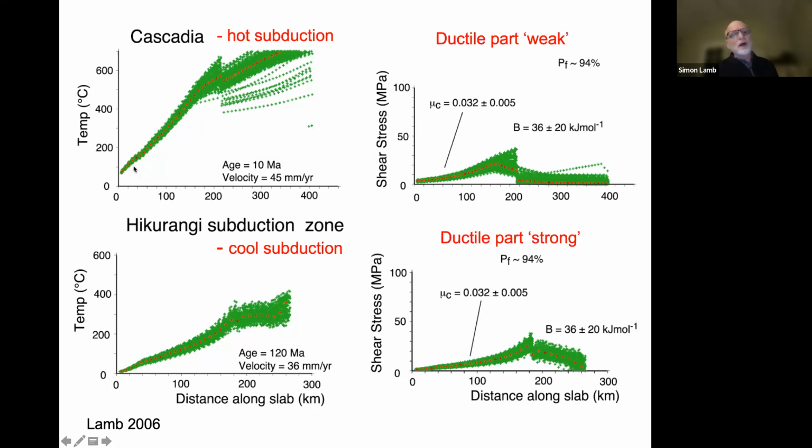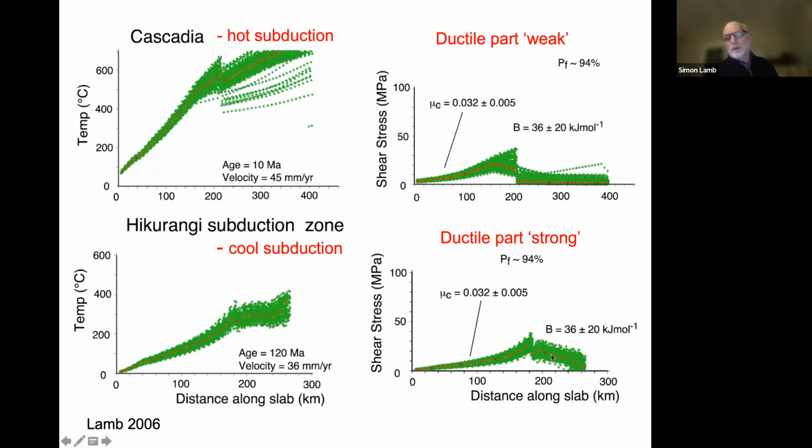So what happens is that it's very hot, and the system is incredibly weak. So you can see a peak stress of about 20 megapascals and an average stress on that system of about 10 megapascals. You can take a cool subduction zone like the one in New Zealand, and it's also very weak, perhaps just a little bit stronger.